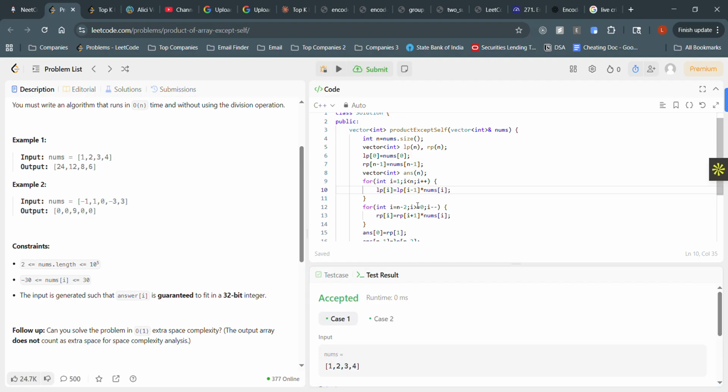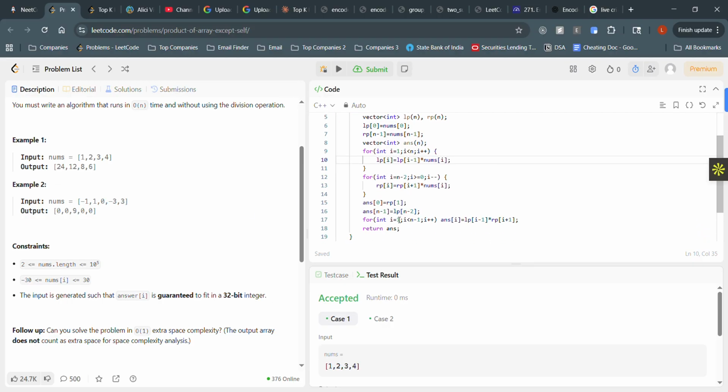And perfect, we get why that was the case, because I want the exact number on that index, because what I am assuming is the answer, the product of LP of I should be equal to the product till nums of I. And when we are finding it for a particular index, we're just looking for its left and right product. So this solution would work.